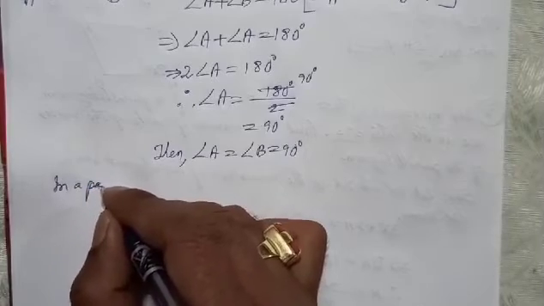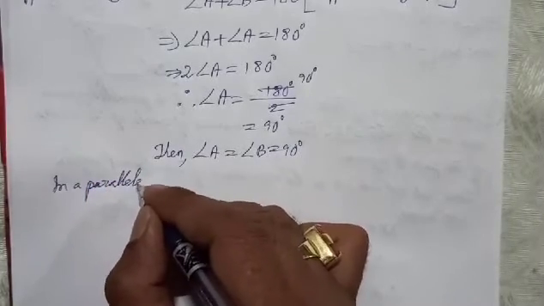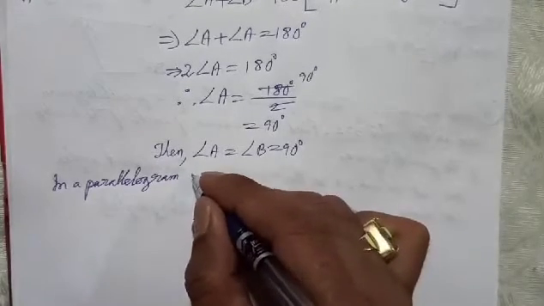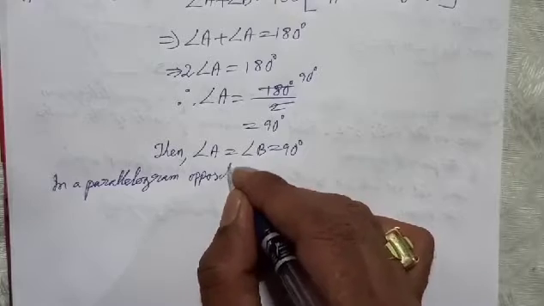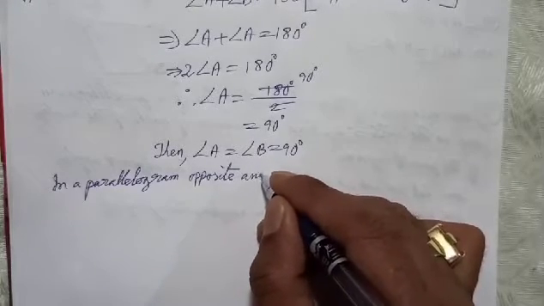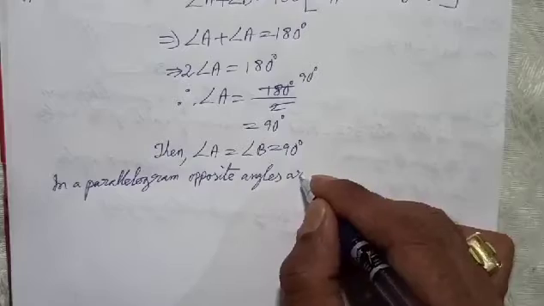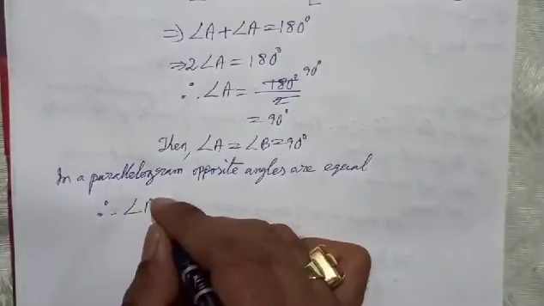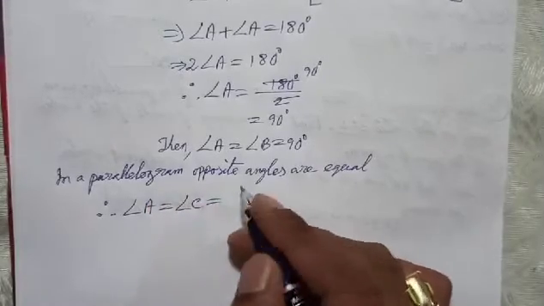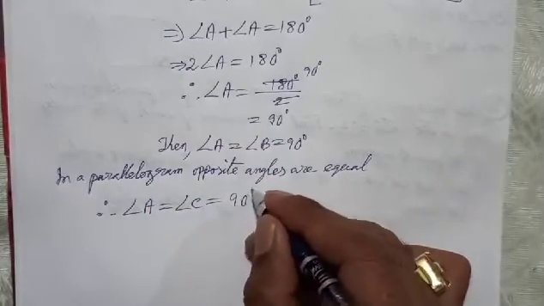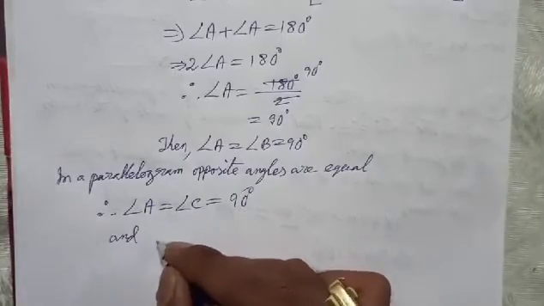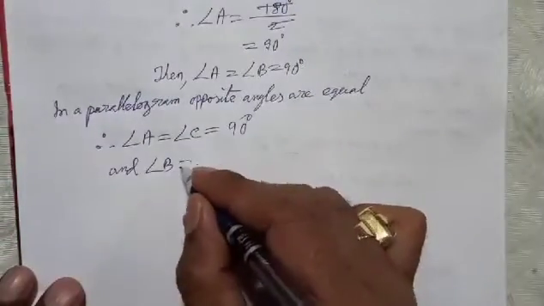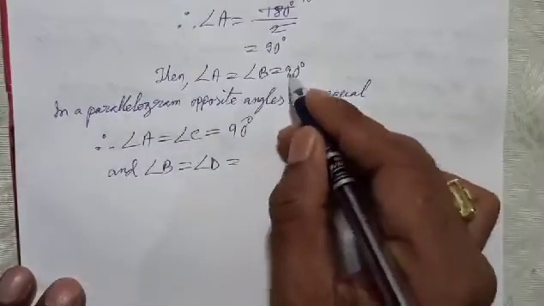In a parallelogram, opposite angles are equal. Therefore, angle A is equal to angle C. Since angle A is 90, so this is 90, and angle B is opposite to angle D, and angle B is also 90 degree.